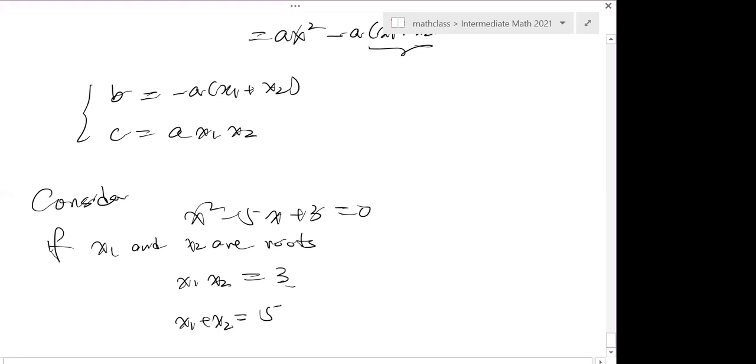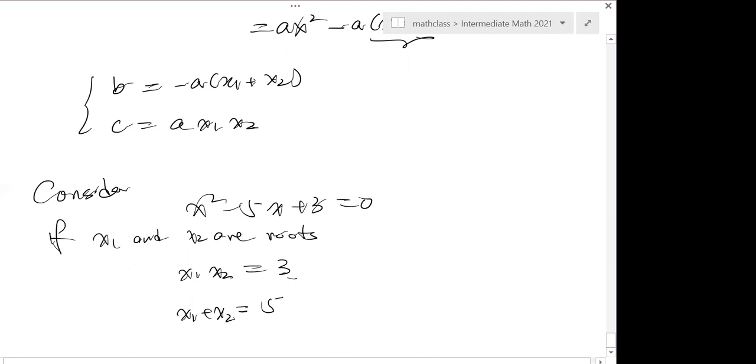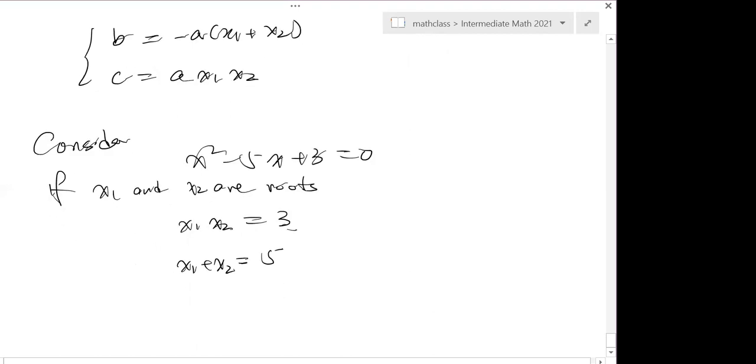Just because a is 1 and b is negative 5, that's why I add them together. So you don't need to even solve the equation and get the roots. The sum of the roots will be just the coefficient in the middle, and the product of the roots will be the last coefficient. So that's why some people can quickly solve the problem without doing any computation.